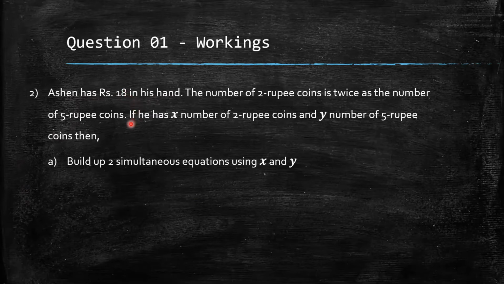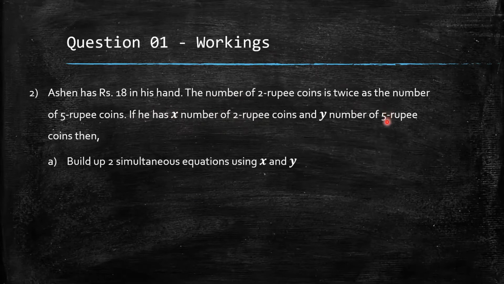If you move to the middle part of the data given, you can see if he has x number of 2 rupee coins, the value of a 2 rupee coin is 2. So the total value of the 2 rupee coins will be 2 times x.